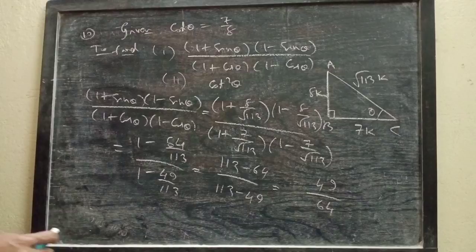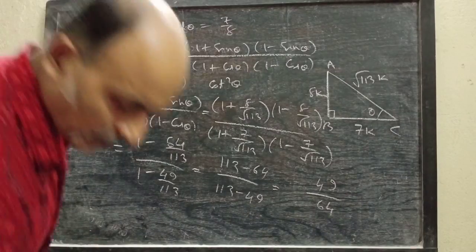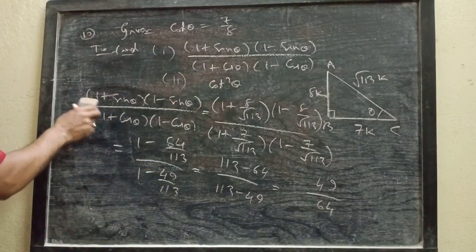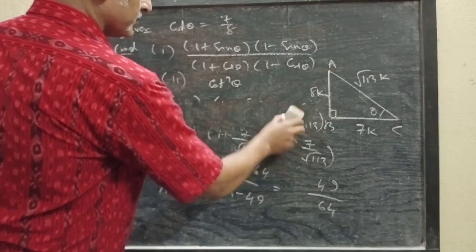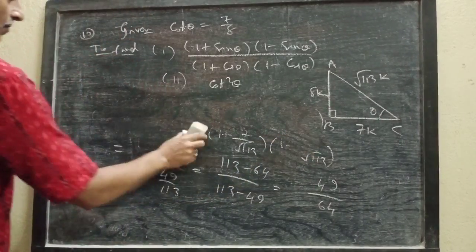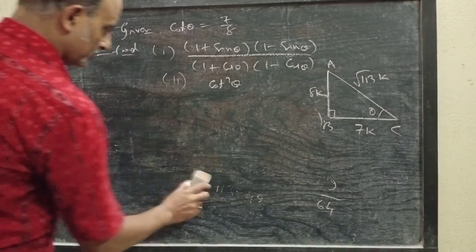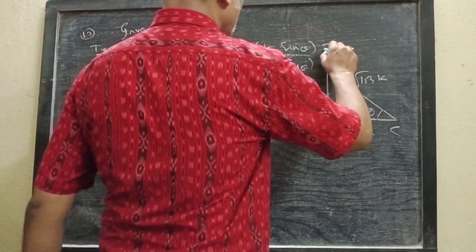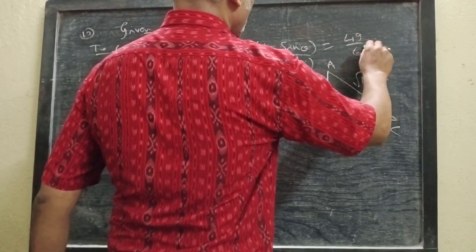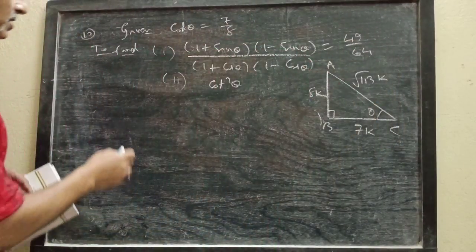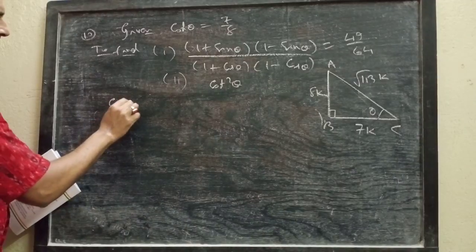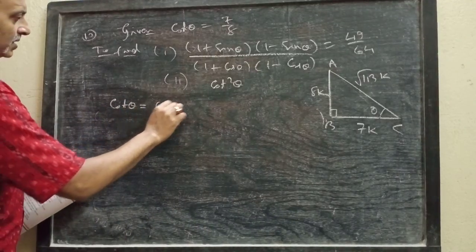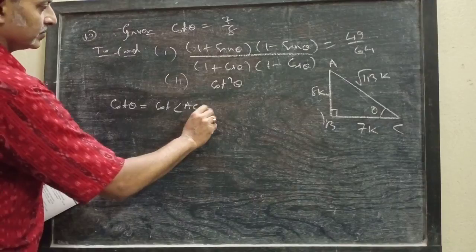Okay. Next, cot square theta. I am erasing this. We have obtained its value is 49 by 64. Next, cot theta, that is cot of angle ACB.